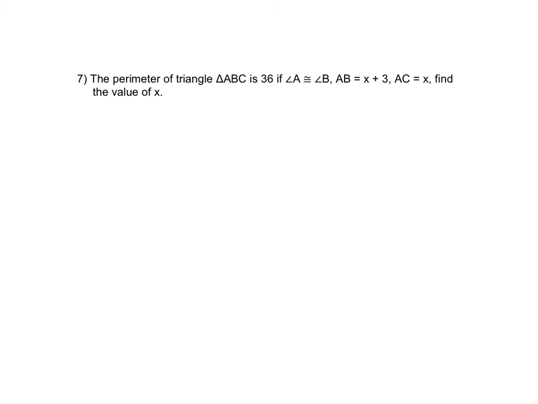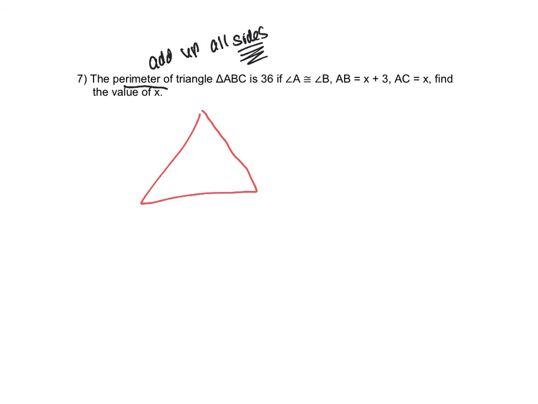Okay, so the perimeter of triangle ABC is 36. If angle A is congruent to angle B, AB is x plus 3, and AC is x, find the value of x. So perimeter, that's when you add up all your sides. Not angles. So we have an isosceles triangle, triangle ABC.